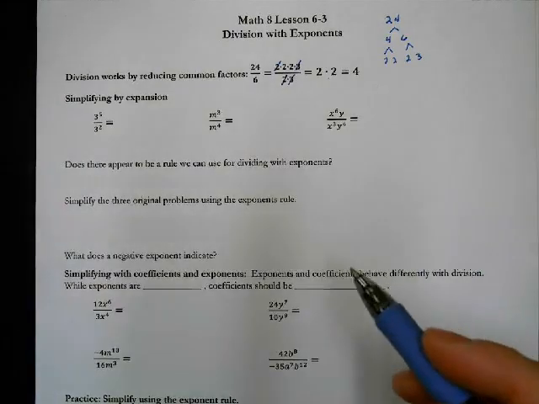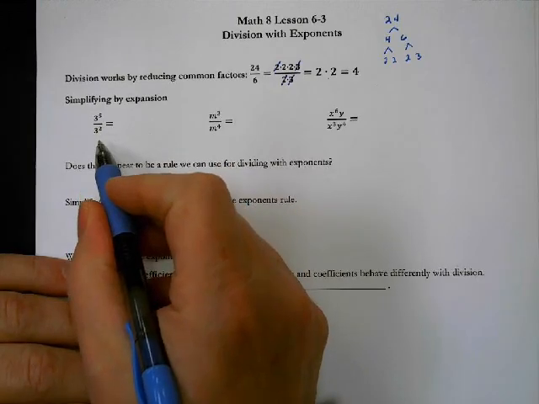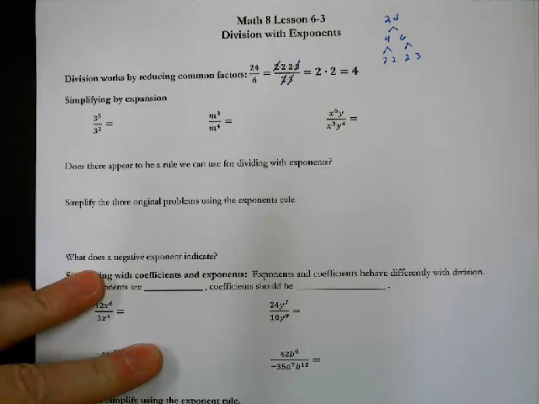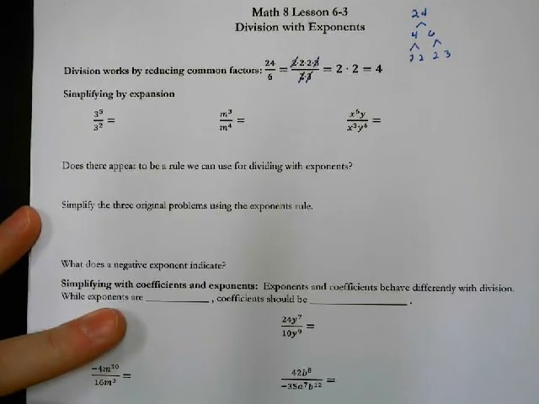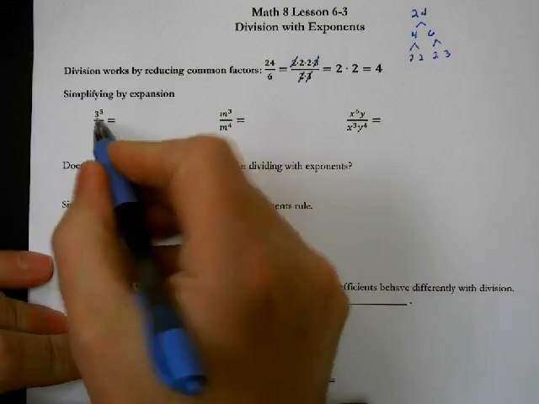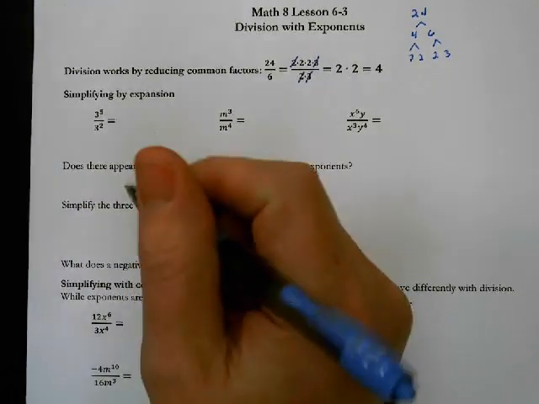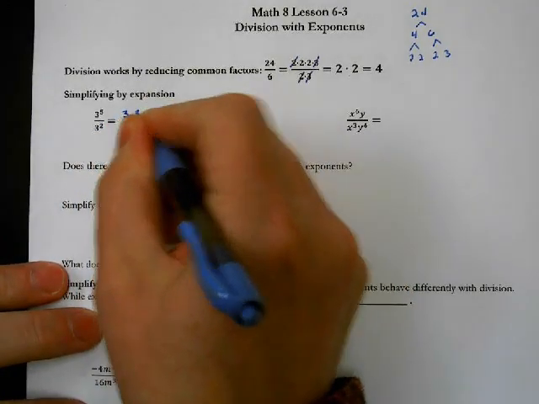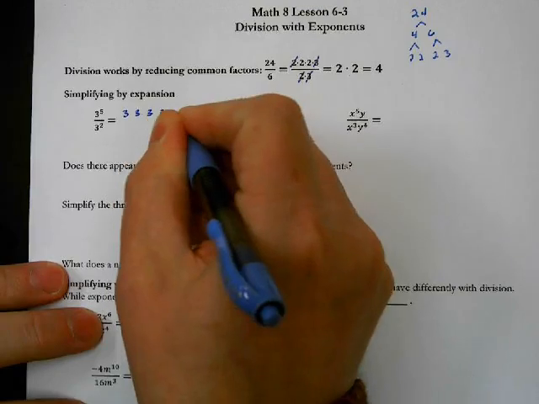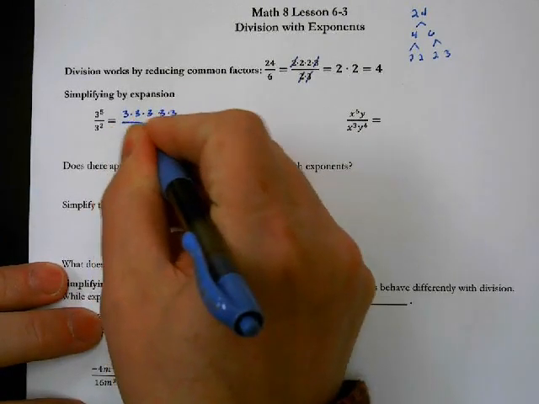So that gets us to simplifying by expansion. So here I've got 3 to the 5th divided by 3 to the 2nd. Should I zoom this in? Is that too small? I'm going to zoom a little bit. Yeah, that's better. So that means, as we saw in the first lesson in this unit, I've got 1, 2, 3, 4, 5 3s on top in the numerator.